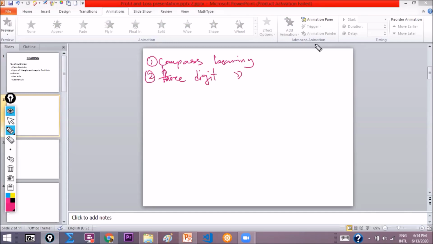Okay, and how do you represent? Let's start with the first one. How do you represent compass bearing? Compass bearings are like, what would I call them? They are cardinal points. Let's say you have the cardinal points. When you have this, are you with me? Yes.